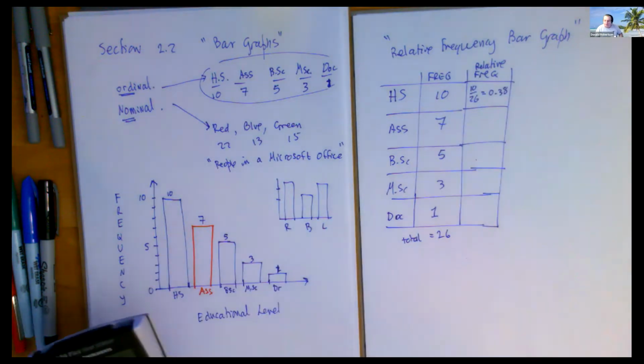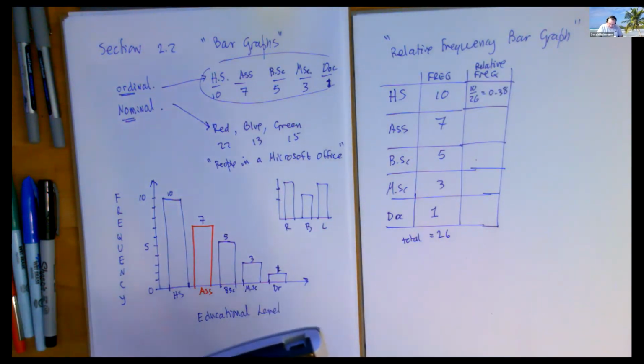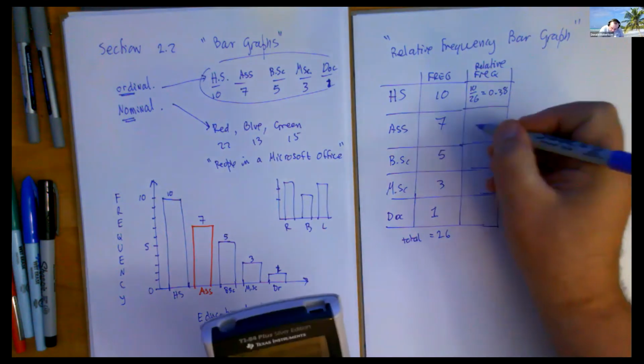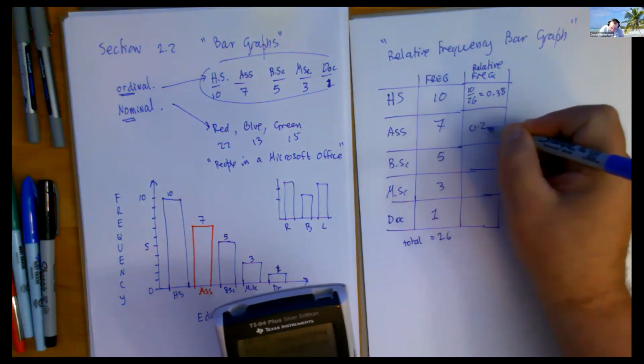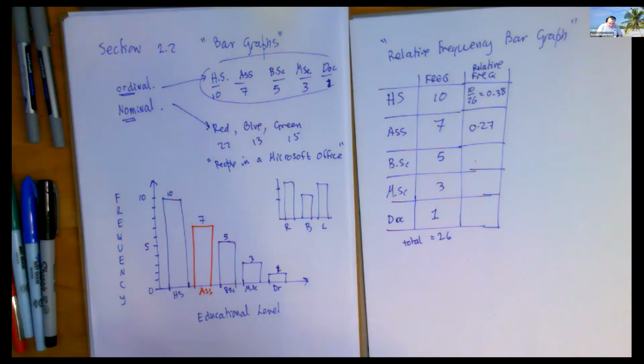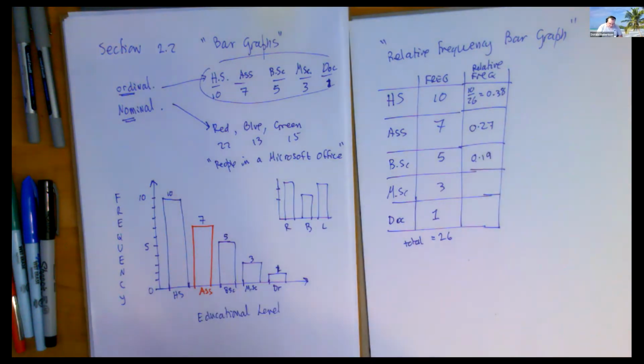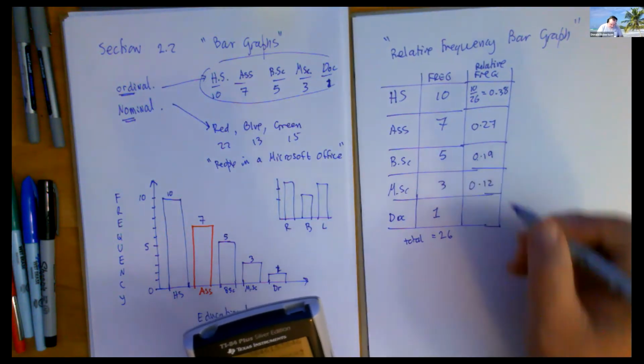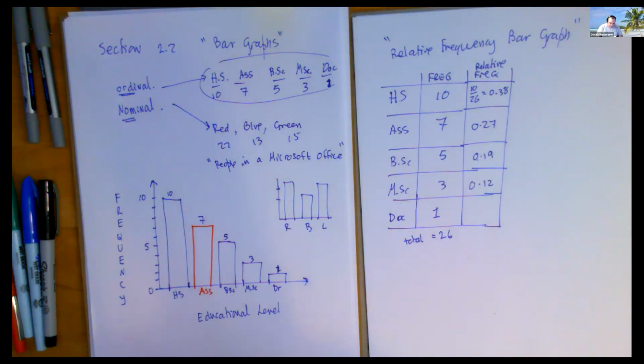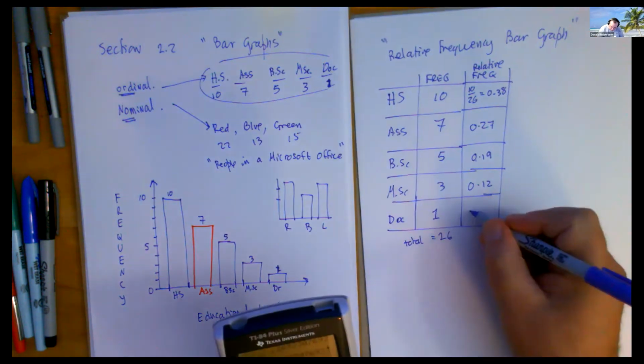I'm just going to round it off to 2 decimal places. And then the next one's going to be 7 divided by 26, which gets me 0.27. The next one's 5 divided by 26, and that's going to get me 0.19. The next one's going to be 3 divided by 26, and that's going to get me 0.12. And the last one's 1 divided by 26, and that's going to get me 0.04.